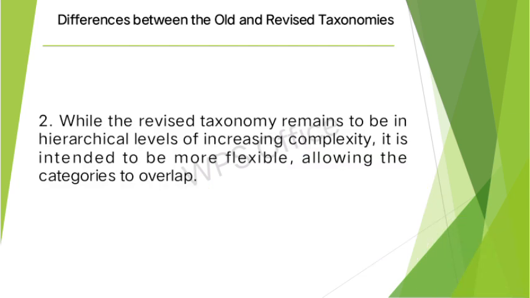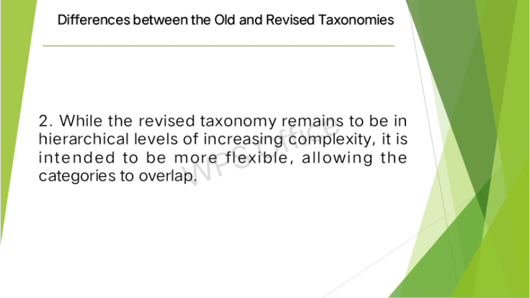Let's move to the number 2 or the second differences between the old and the revised taxonomy. So, while it remains hierarchical, meaning it has levels of increasing complexity, the revised taxonomy is designed to be more flexible than the old version.